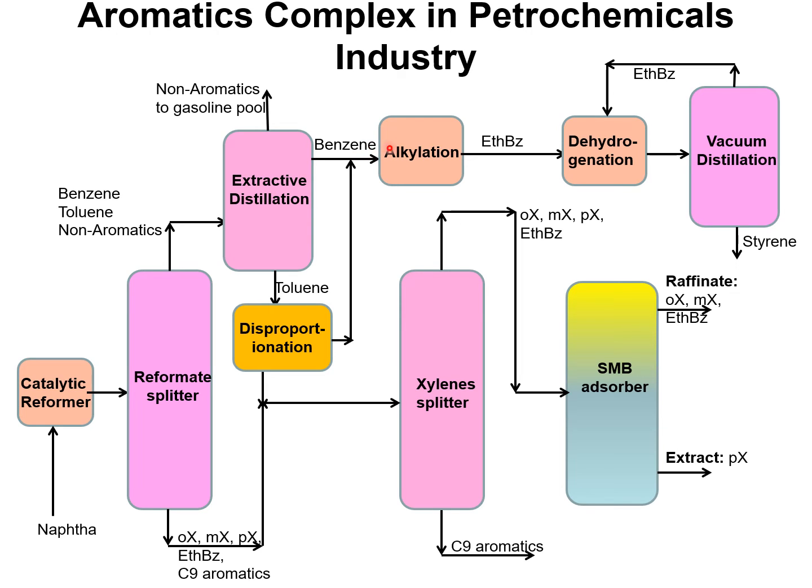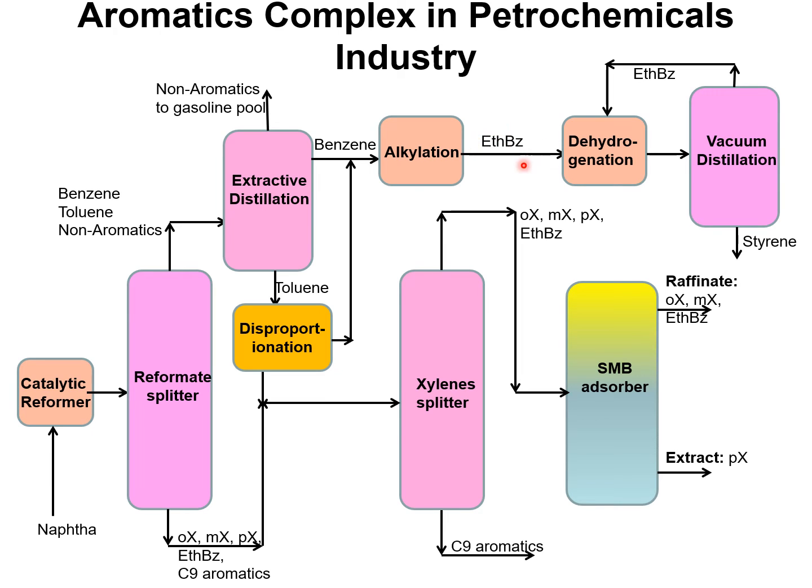The benzene is sent to an alkylation unit to produce ethylbenzene. Remember a few slides ago we were talking about ethylation of benzene using MFI zeolite and how important entropy effects are in deciding the catalytic performance.